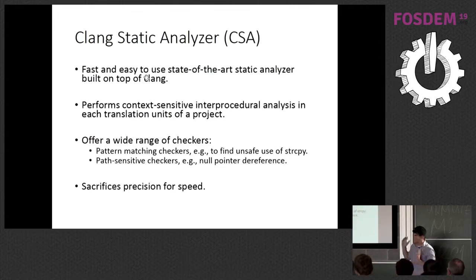So the idea is we're going to sacrifice precision for speed. The Clang analyzer is going to analyze your project. It might report some wrong results, some false bugs. It might miss some bugs, but it will give you something. That's the more industrial aspect of the static analyzer. We want to provide something, right? It might not be the best result, but it's something that the developer can look at and understand.